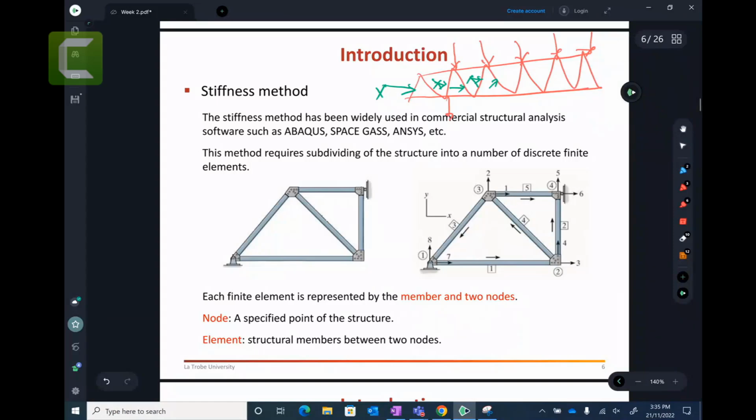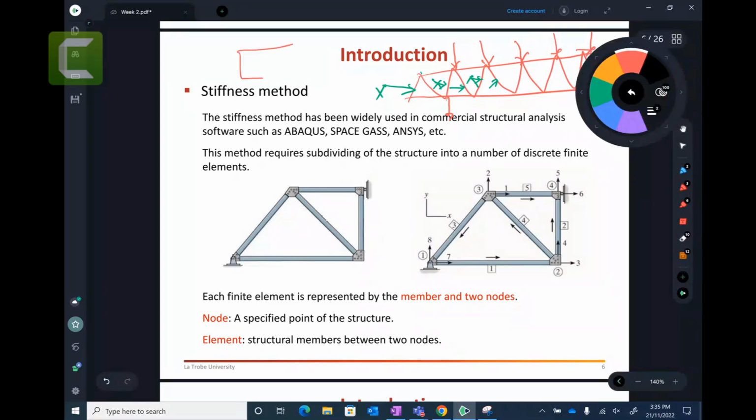Another thing is that these joints are made of some kind of plates. Let me zoom in on this part here. If I have these members connected with some kind of bolt, let's zoom in on this, and then you have a plate.